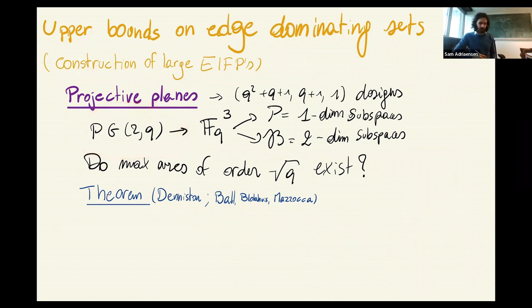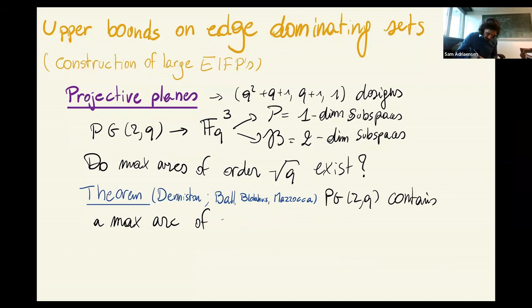So either a point, the empty set, or the complement of a line, but you can do nothing non-trivial. So if you put these results together, then we know that PG(2,q) contains a maximal arc of order square root of q only if q is an even square.